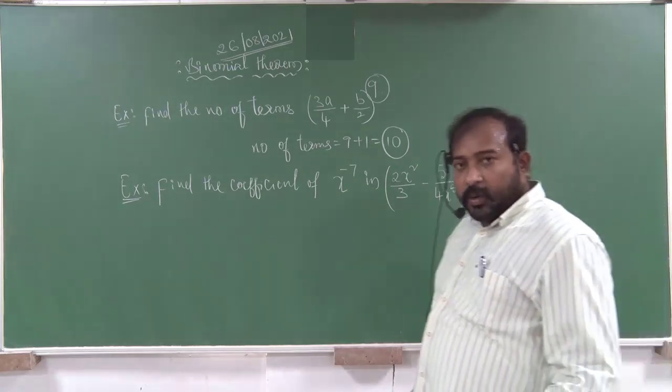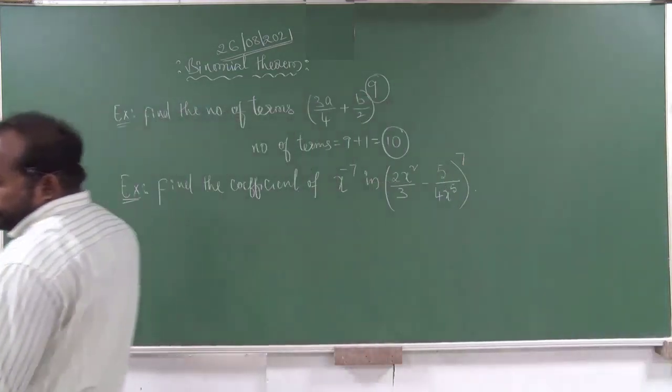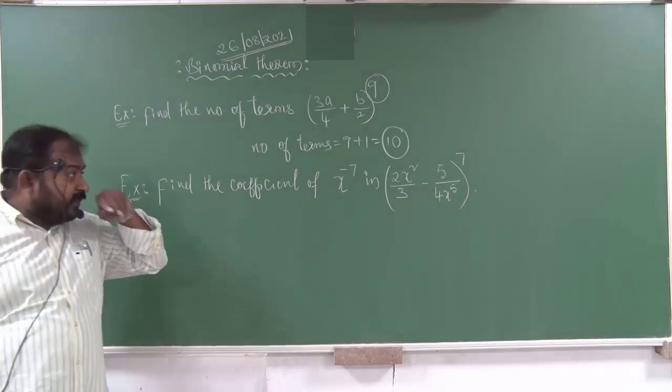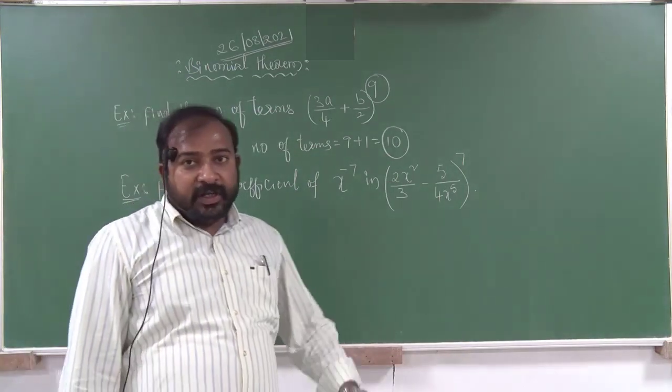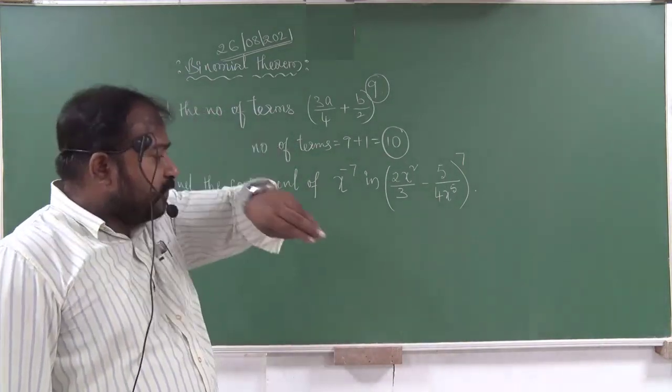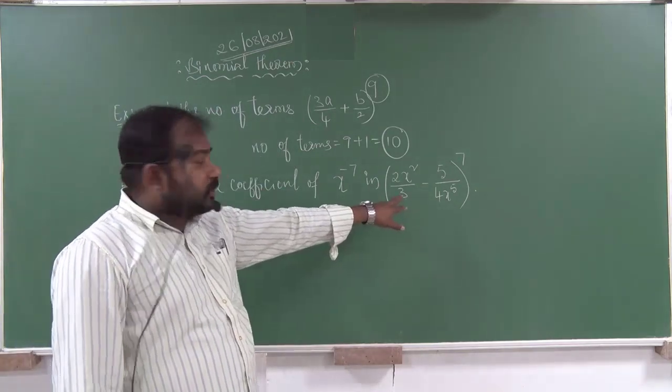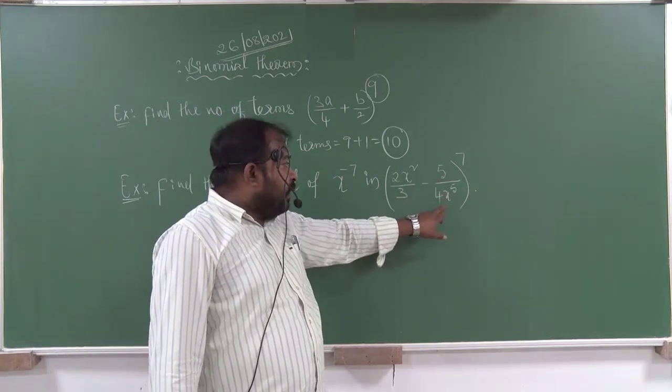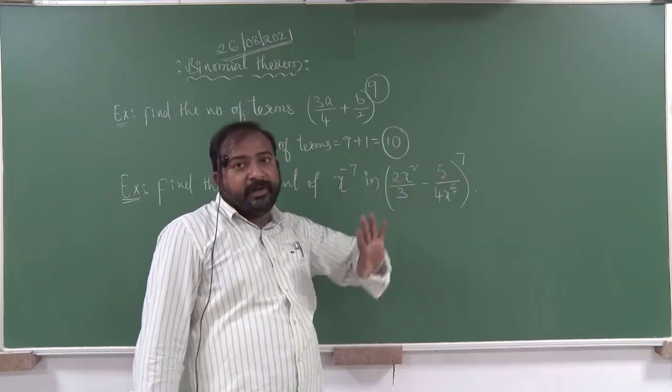This is one more important model. Find the coefficient of x power minus 7 in the expansion. What is the expansion they given? Here the expansion is 2x^2/3 minus 5 by 4x^5, whole power 7.